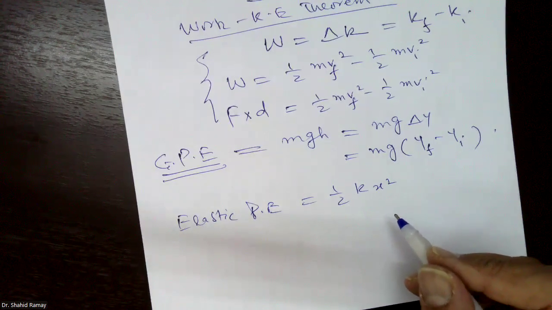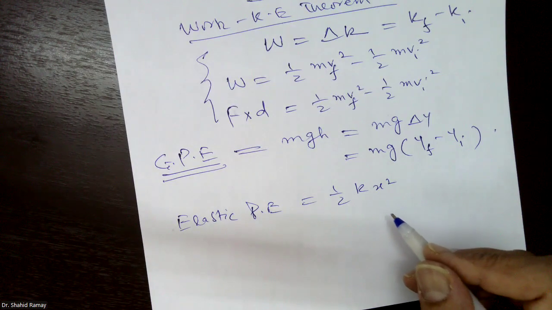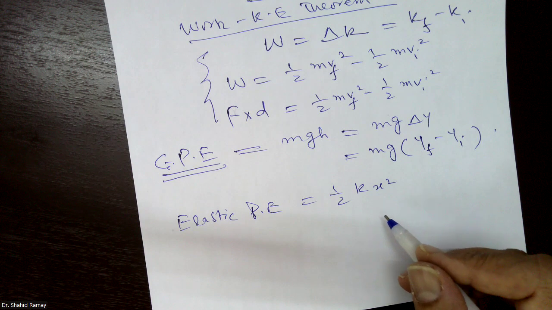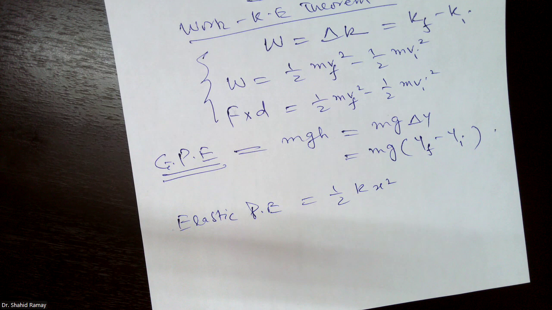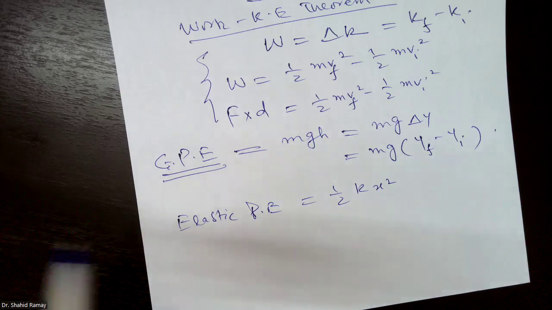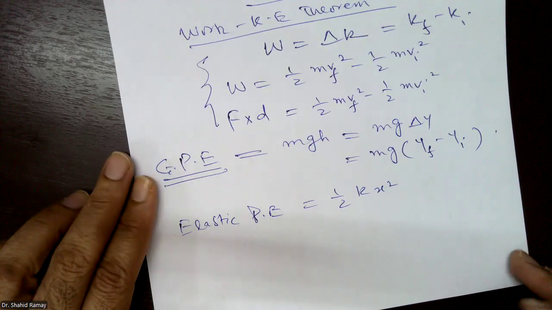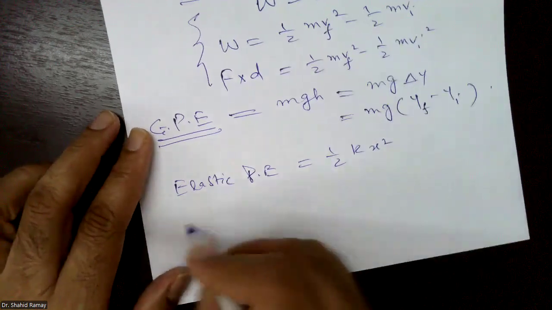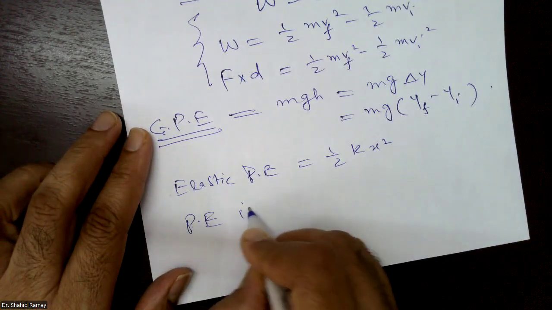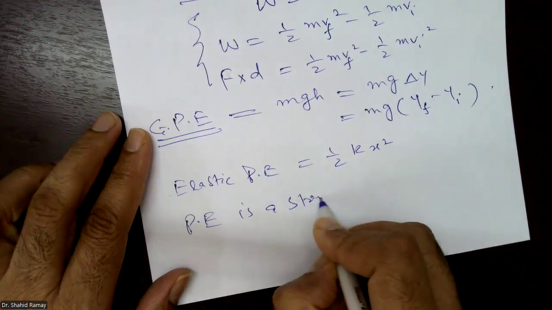Okay, after this, now we want to study the potential energy and its relation with the work done. Actually, in the last lecture, I explained that potential energy is stored energy.